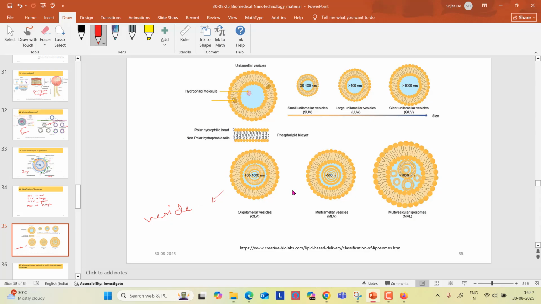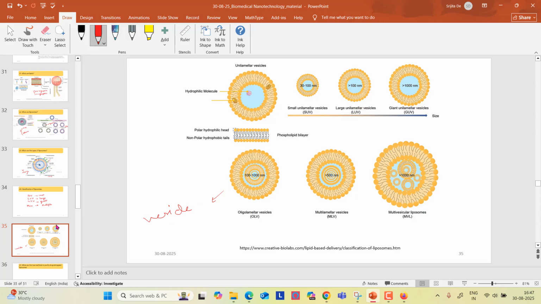This is multilamellar vesicle. Size is greater than 500, and this is the multivesicular. So here you can see there are two sets of phospholipid bilayers. Here there are multiple layers. You can see there are so many layers. So this is called multivesicular liposome.